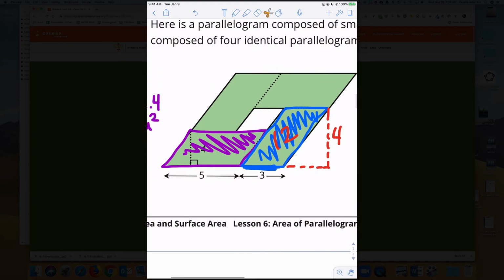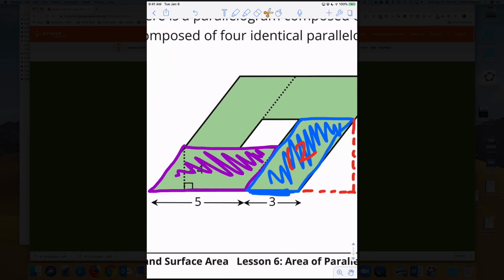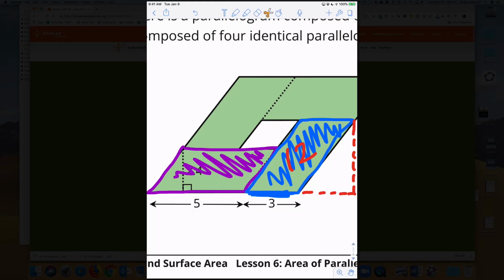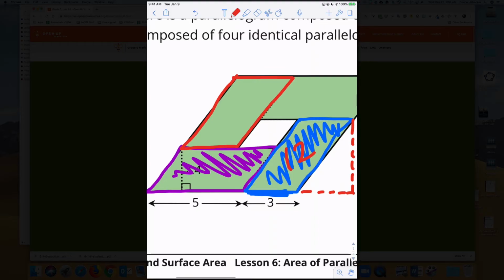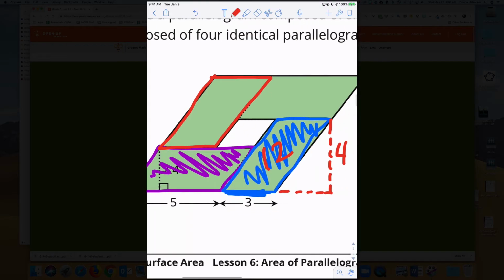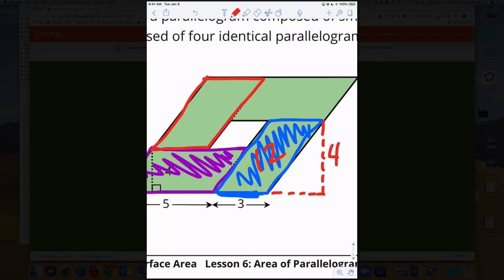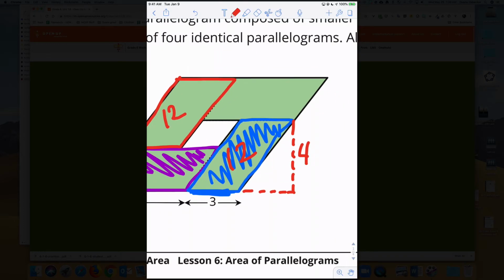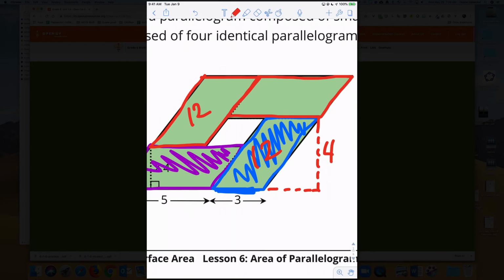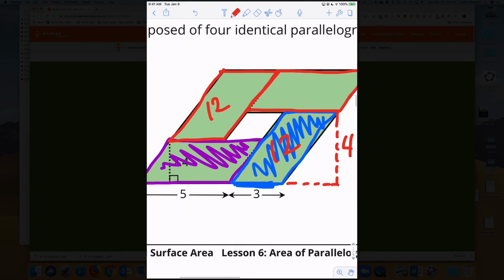All right. So now we know that the area of this parallelogram is also 12. Let's see if that matters. No, that doesn't really matter, but let's do it anyway. And then this area. Now, we know that this area is 12, but right now what we really care about is the fact that the height is 2.4.